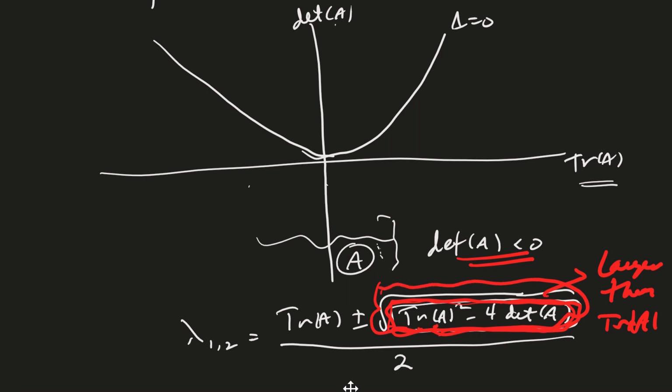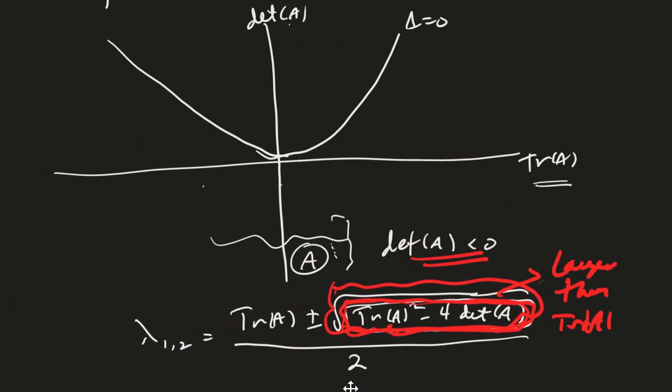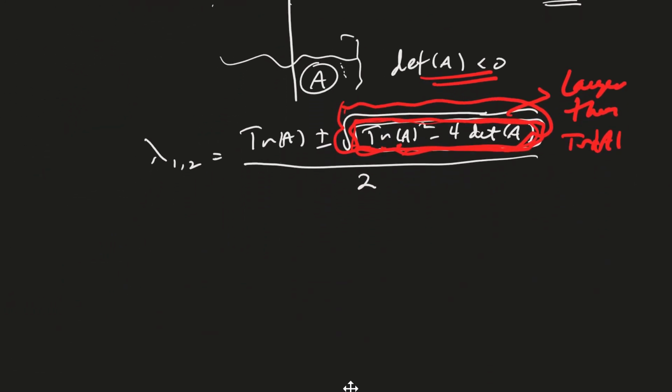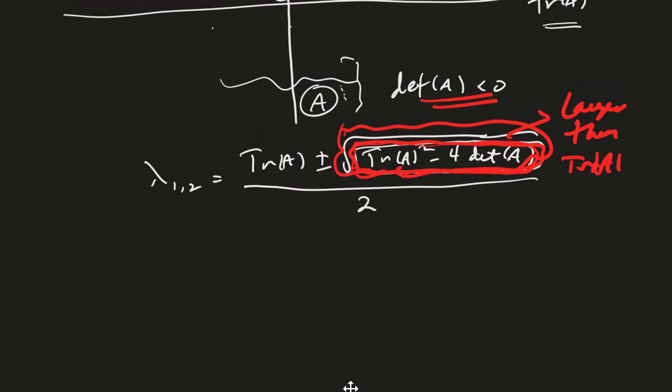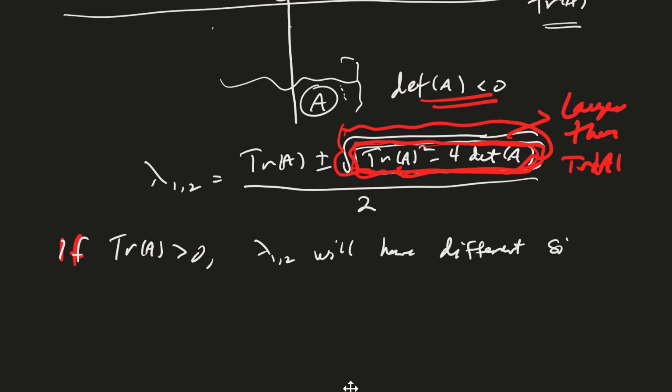So what does that mean? That means that if the trace of A is greater than 0, then lambda 1 and 2 will have different signs.